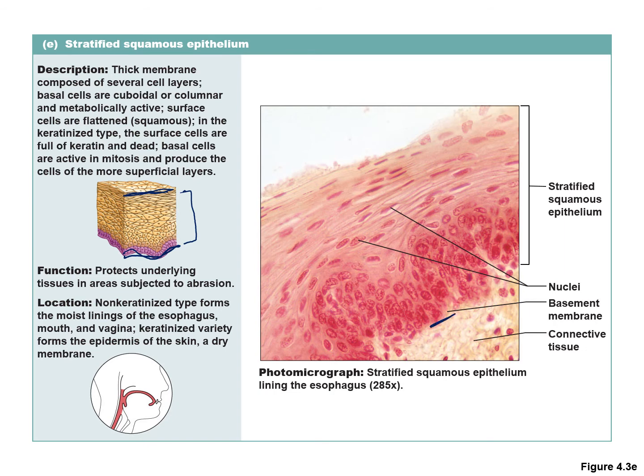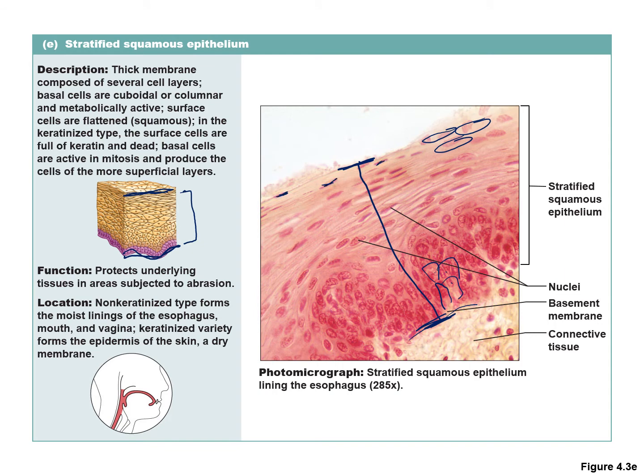And your epithelium actually starts from this point all the way up, right? So here, this is many layers of these cells. And you see, close to this basement membrane, we have cells of a different shape. We cannot even say for sure what shape those cells are, but we know that on the apical surface those cells are flat, right? So that's why it's stratified squamous. And you see these dark parts, those are nuclei.